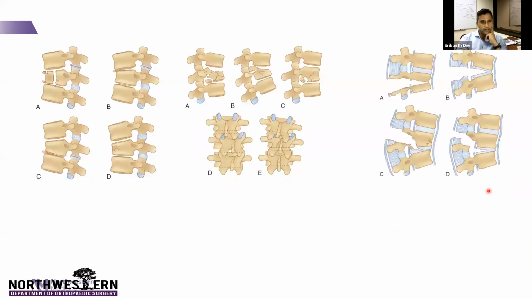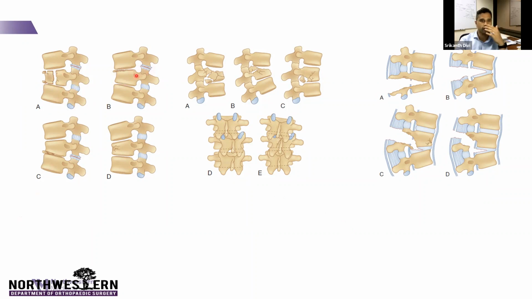So here are 3 pictures depicting different kinds of thoracolumbar injuries. You can classify them by thinking about this as a flexion injury or an extension injury or a rotational translation injury. If you go with the Denis classification, this would be a coronal split fracture. This would be a compression fracture. That's what we're commonly used to saying.